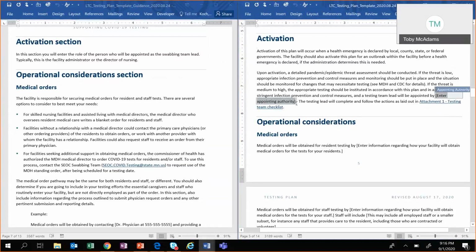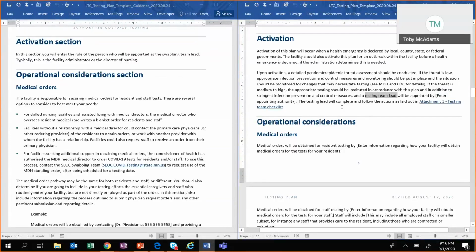So you see right here where I've highlighted that we need to enter in this section who will be the appointing authority for activating this plan, because whoever is responsible will then be appointing a testing team lead.